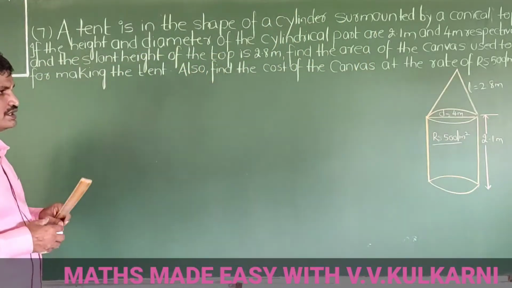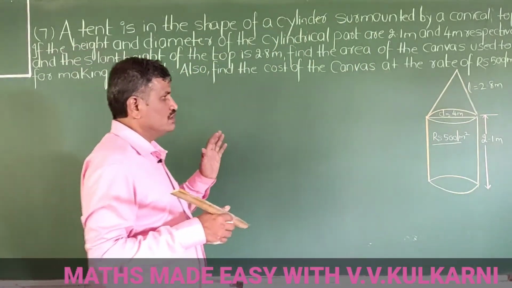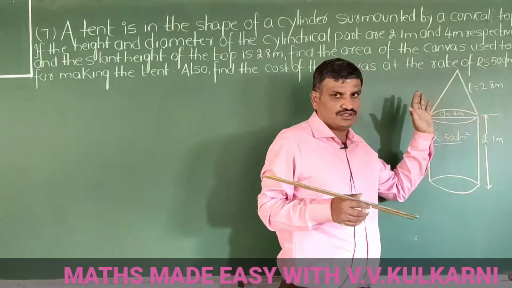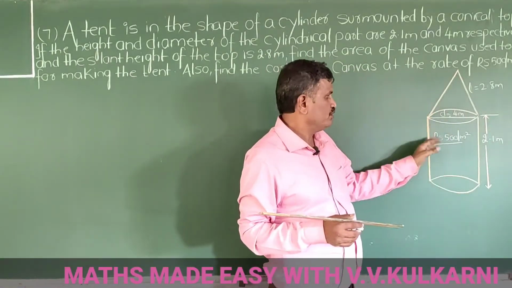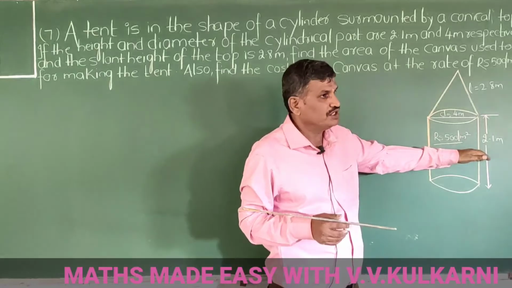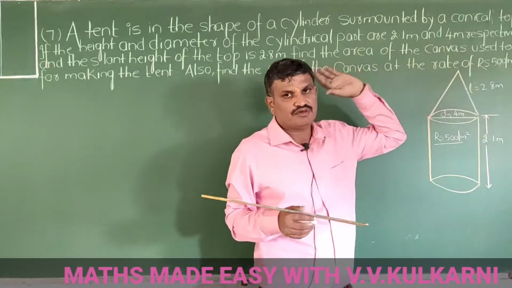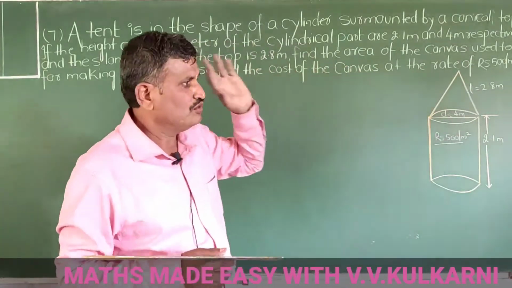Now simple hai children, if you want to find out the surface area of the canvas, then what you need to do is you need to find out the curved surface area of cylinder plus curved surface area of the cone. This is very much required for you.